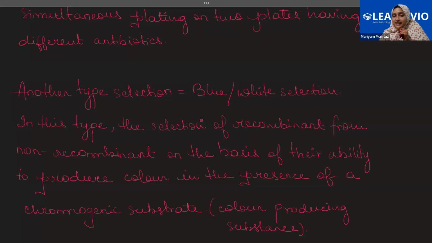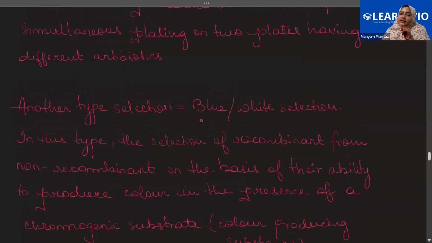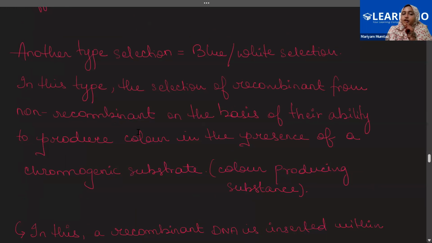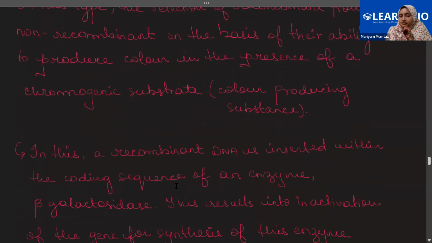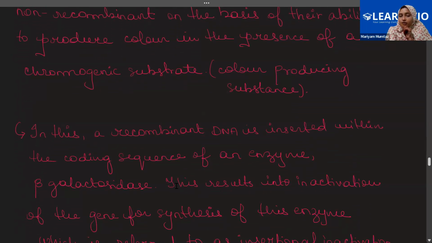Now, blue-white selection. In this type, the selection of recombinants from non-recombinants is on the basis of their ability to produce color in the presence of a chromogenic substrate, meaning a color producing substance. In this case, what will happen?